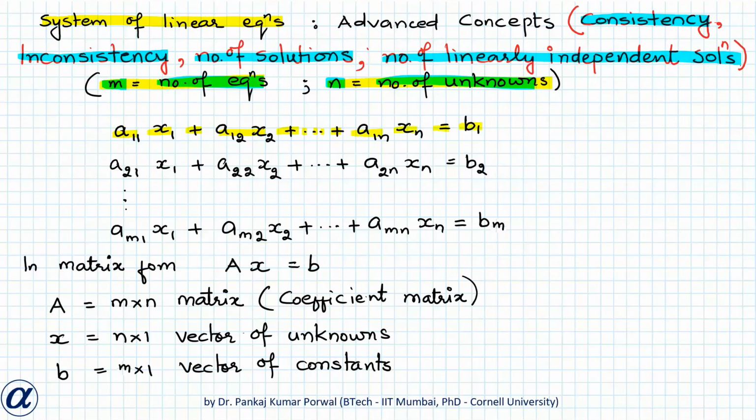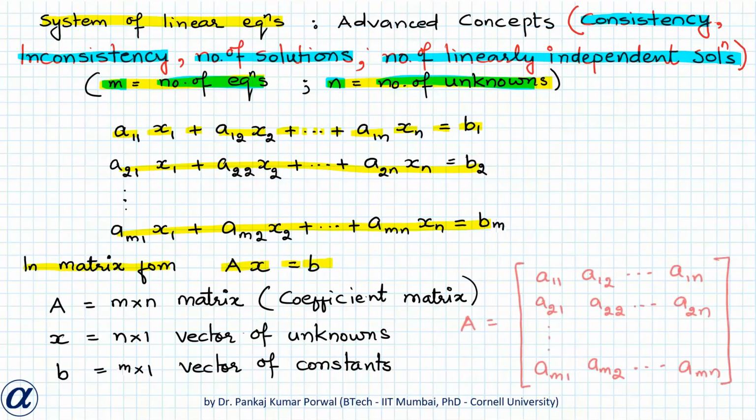and similarly we are given m equations, and in matrix form that can be written as Ax equals b. Here A is the coefficient matrix of size m by n.